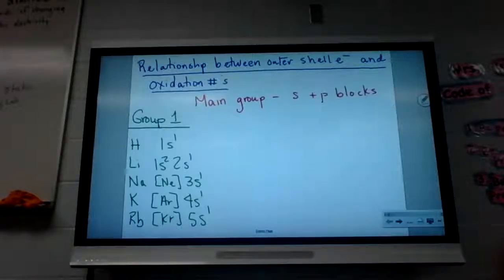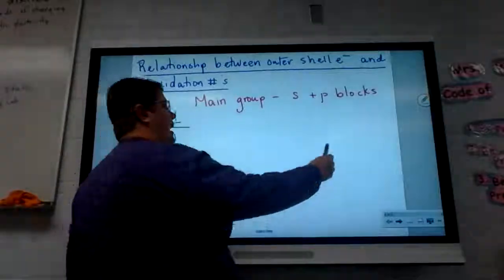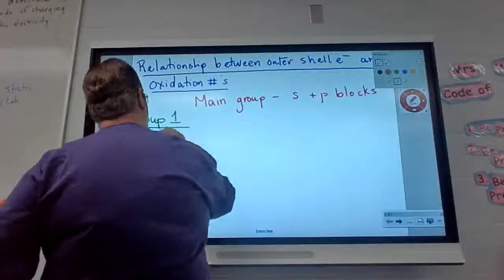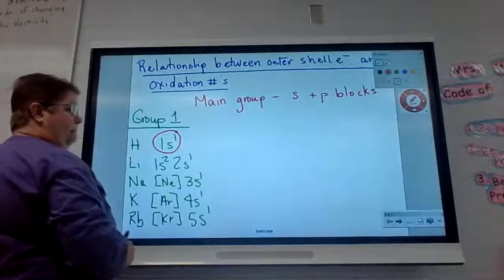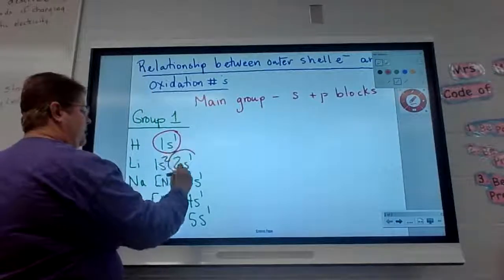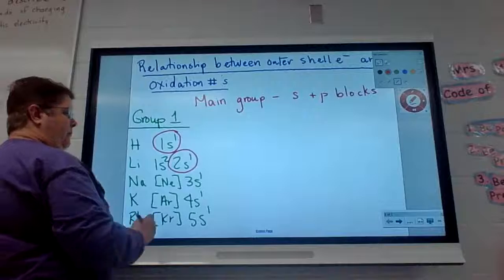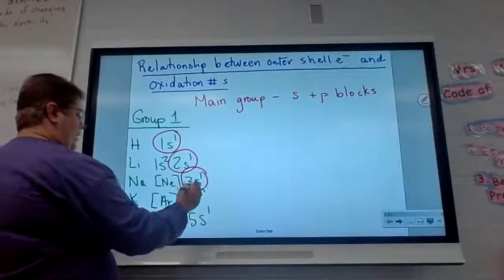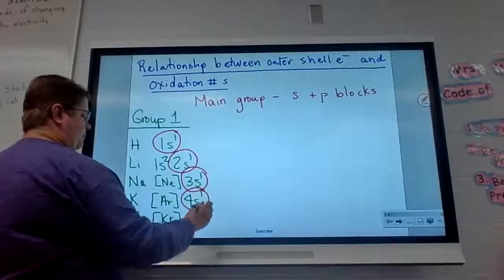All right, so if we look at the electron configurations, what is the highest energy level in hydrogen? Heard it out there, 1. Okay? So if the highest energy level in hydrogen is a 1, what's the highest energy level in lithium? What's the highest energy level in sodium? And the highest energy level in potassium? And the highest energy level in rubidium?